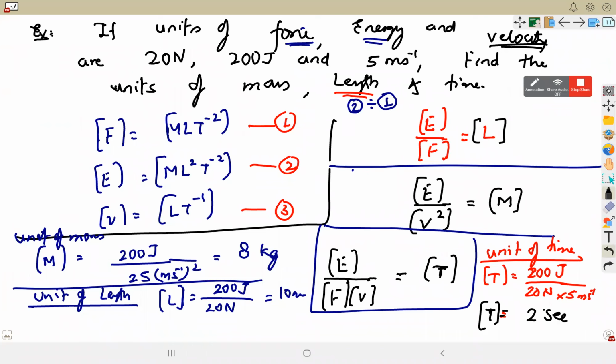We wrote the dimension, divided, and then we got the dimension of mass, length and time in terms of these given quantities.